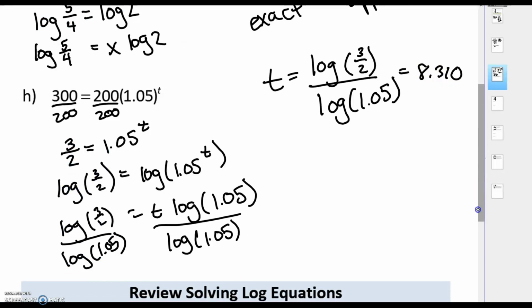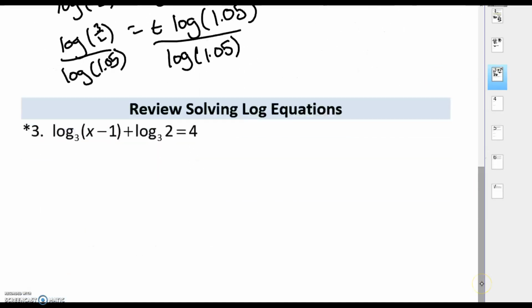So let's take a look at solving log equations. Whenever I've got a log equation, the big idea is that I need to get it down to as few logs as possible. When I've got an addition sign here, that means I'm going to combine these with multiplication. This becomes the log base 3 of 2 times x minus 1 is equal to 4.